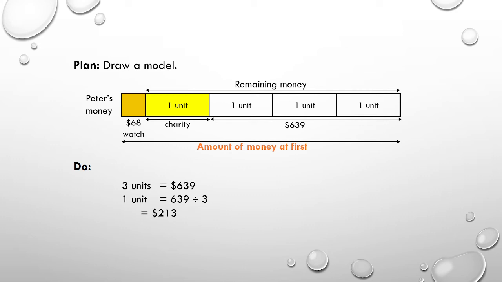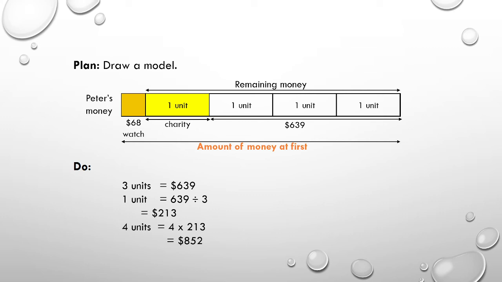So, what should we do next para masolve natin yung buo? We can multiply 213 by 4 since we have 4 equal units. So, multiplying 213 by 4 gives us 852. And yes, yan na yung apat na units. But that is not yet the total amount of money that Peter had at first.